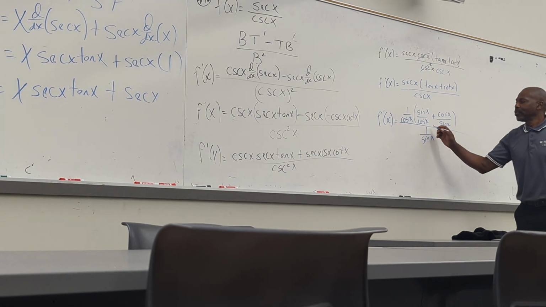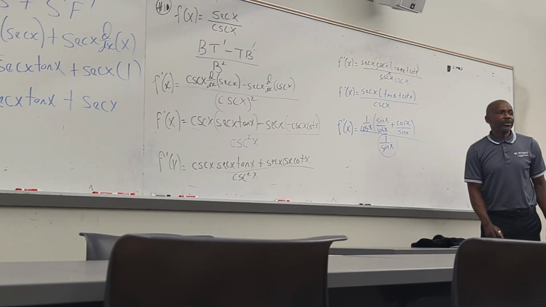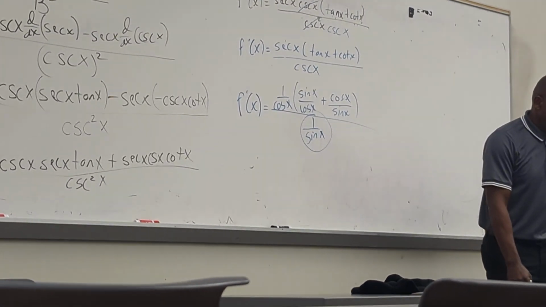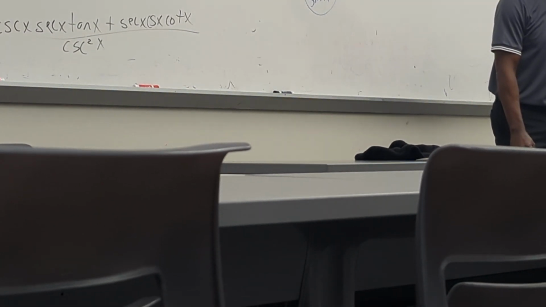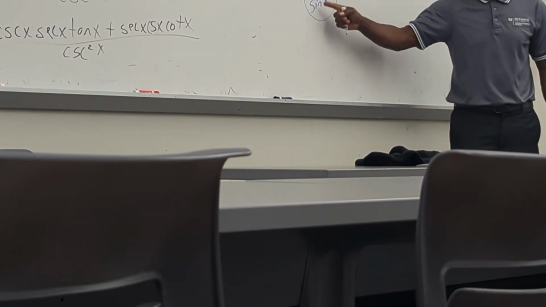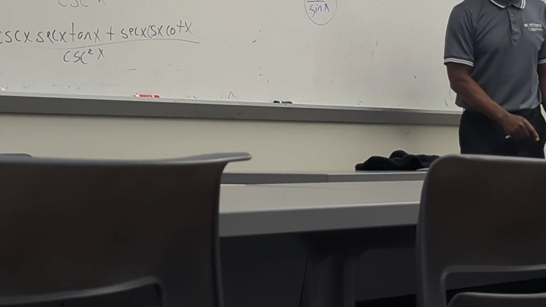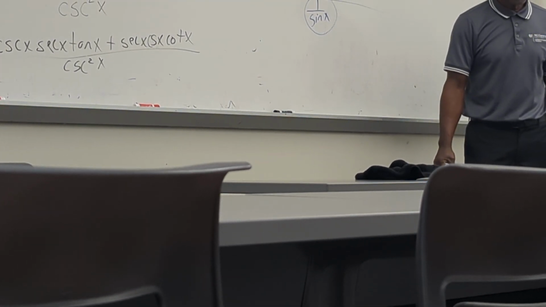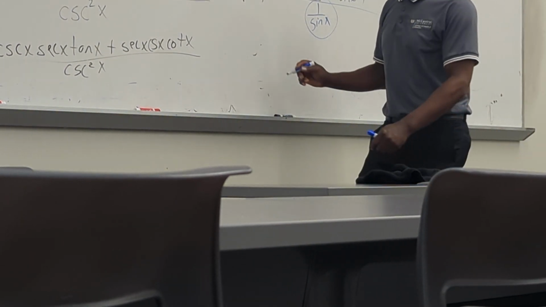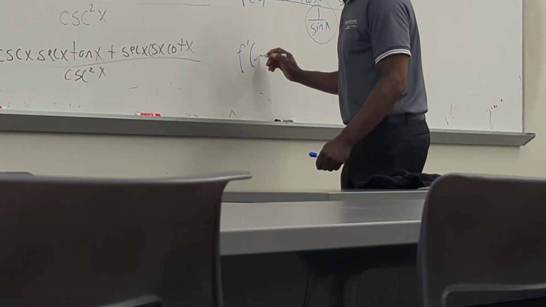Okay, class. When you divide by a fraction, what do you end up doing? Third grade. 1 over sine x, what I gotta do? Flip it. And what will I get? Sine x over 1. So now y'all understand why I'm gonna get f prime of x.